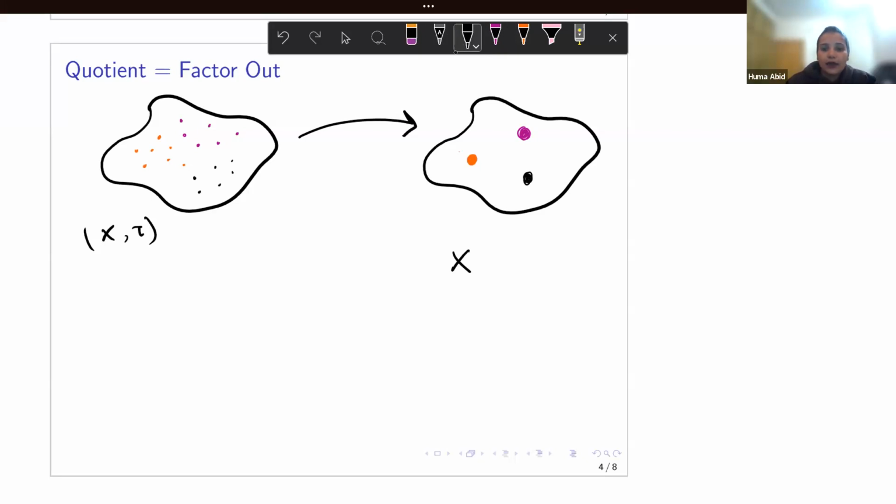Now this new space is no longer just the space X, you can call it a new name. Here you can see now you only have 3 points.